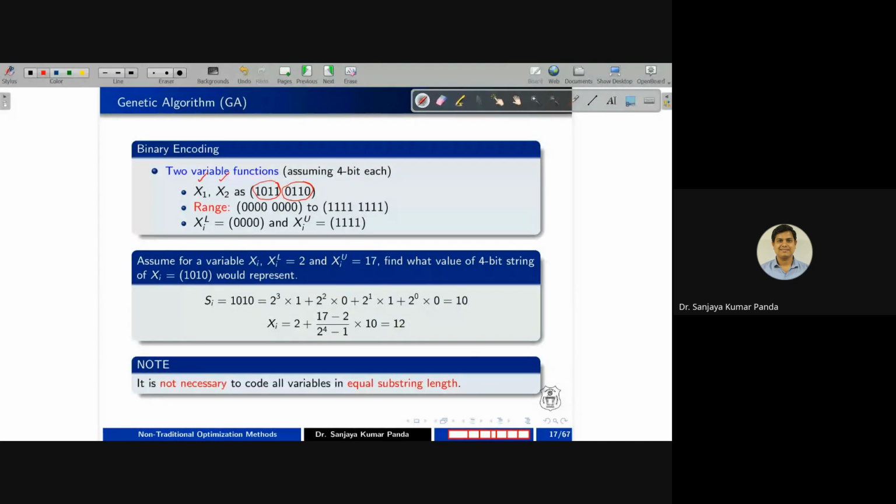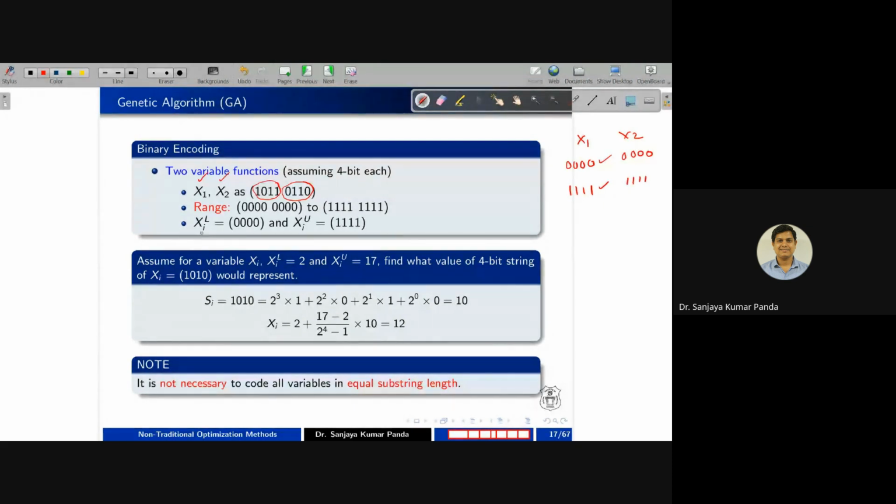What are the possible values? The possible value for x1 is any value between 0000 to 1111. Since it is a 4-bit binary number, the minimum value is four 0s and the maximum is four 1s. Similarly for x2, the same thing, four 0s to four 1s.